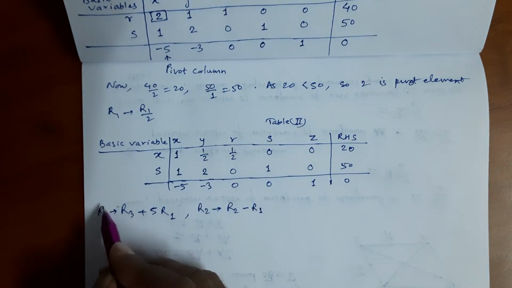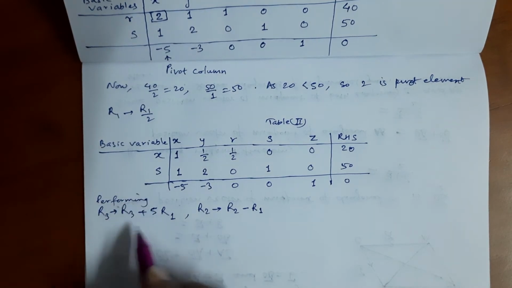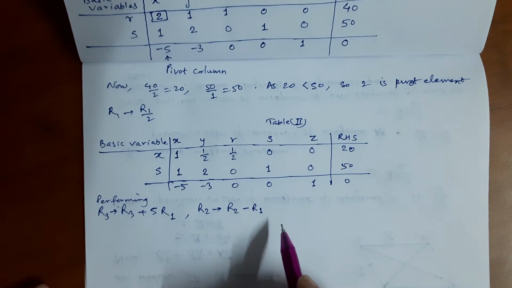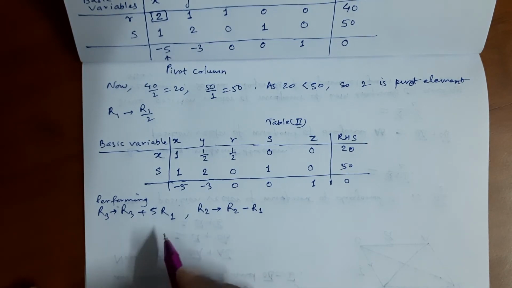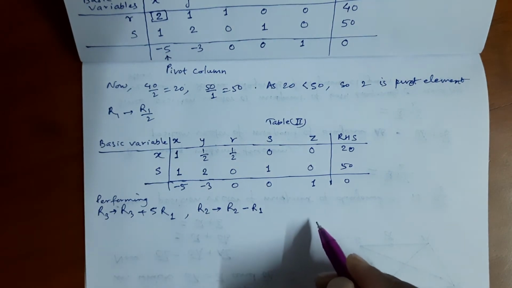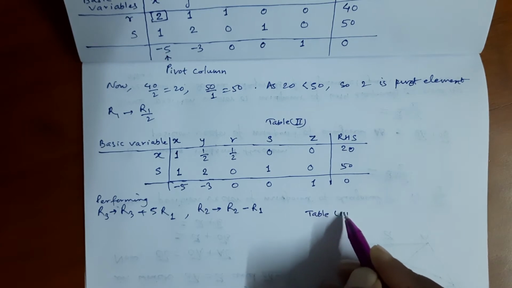Okay, performing R3 plus 5 R1 and R2 minus R1. Okay, so let's write this table again. Table number 3. Table 3.